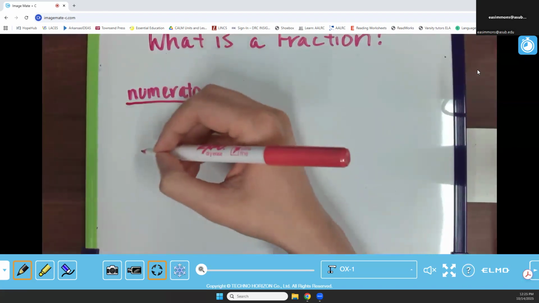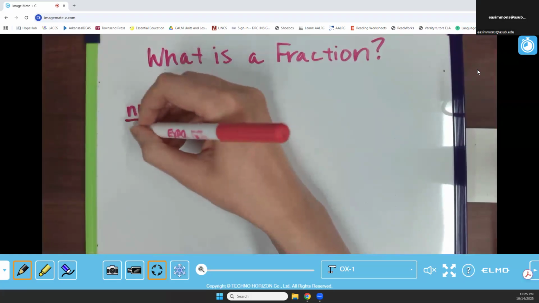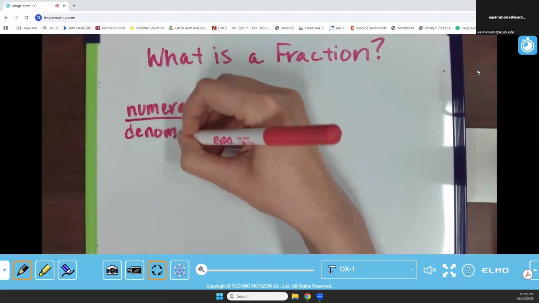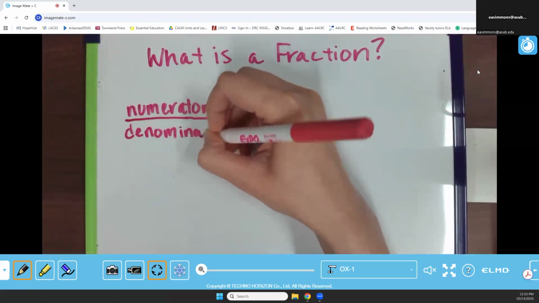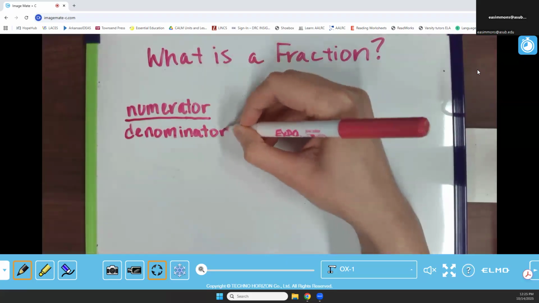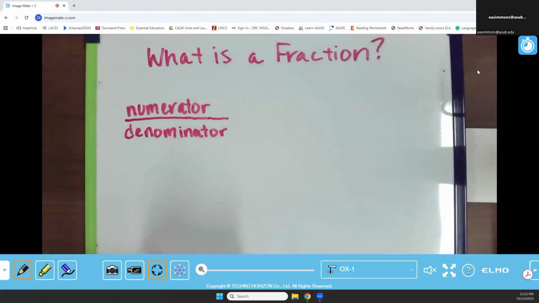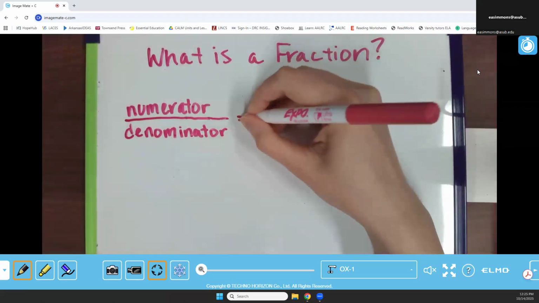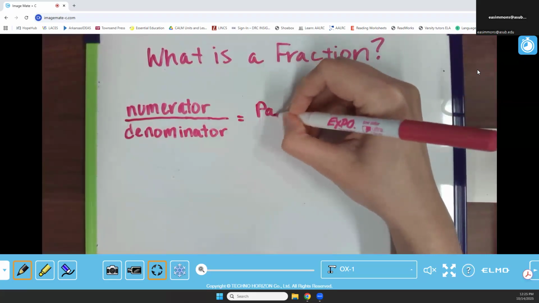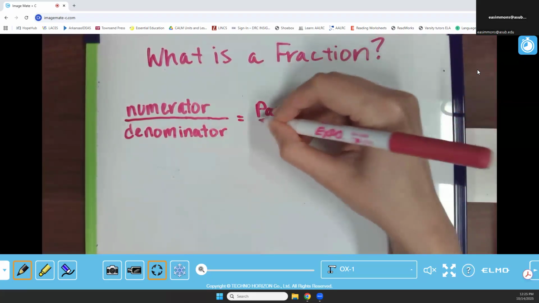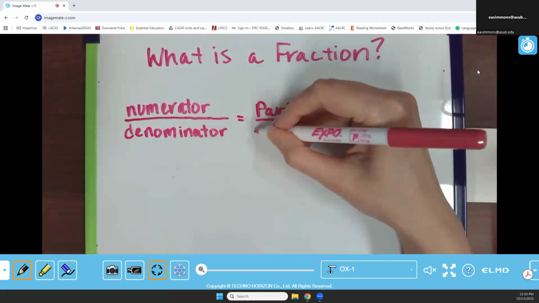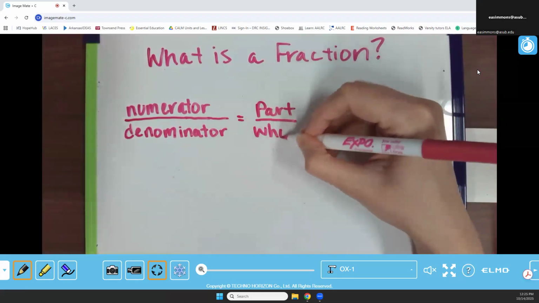And then under our fraction line, we have a denominator. The numerator is going to be the part or the pieces, and the denominator is often referred to as the whole.